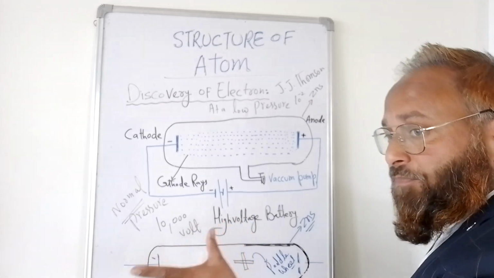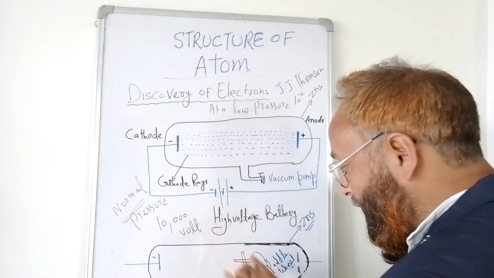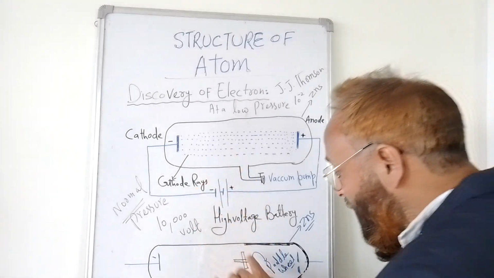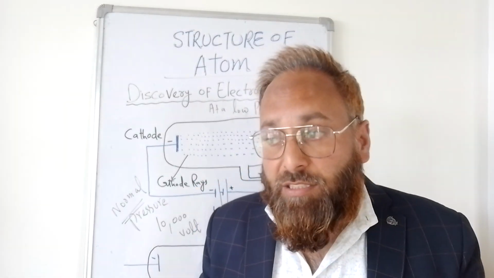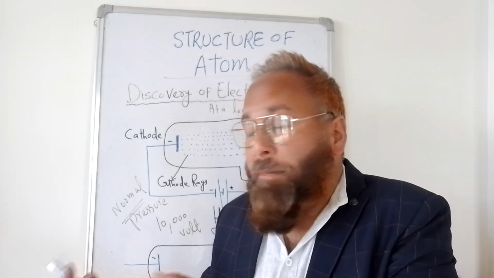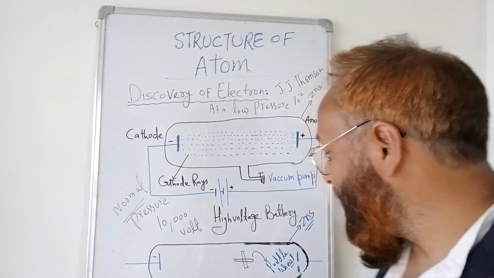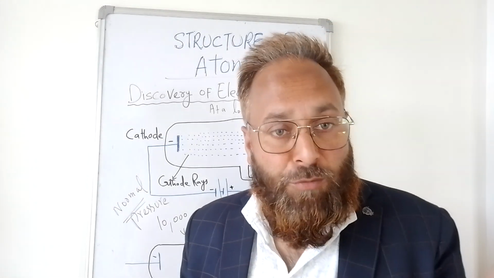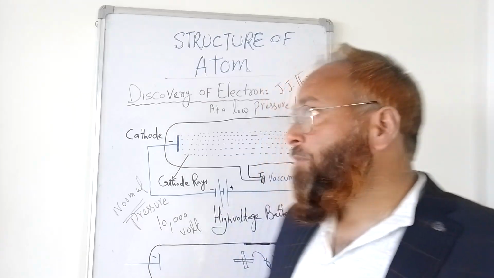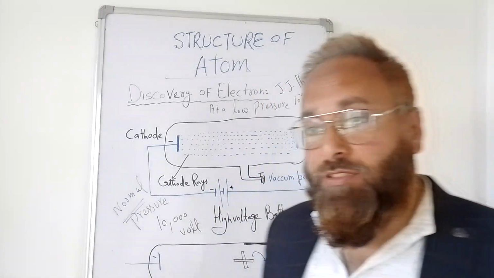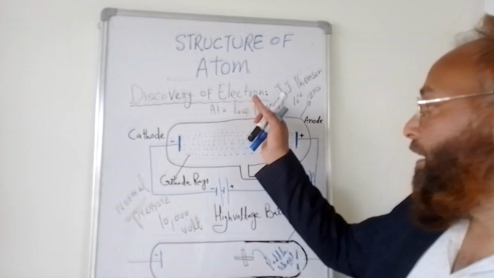When certain types of radiations fall on the paddle wheel, rotation takes place. This is the first small experiment used by J.J. Thomson, and he then defined the discovery of electrons.